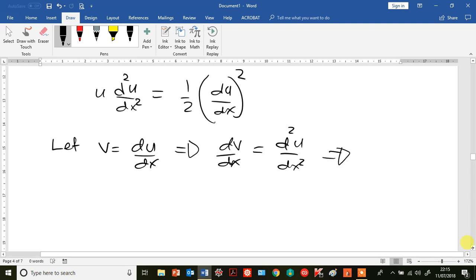This further implies that d squared u by dx squared is equal to dv over something times something over dx. Now, what are these terms going to be? Well, as you can see, we've got a u here. We can think of this as being the dependent variable.